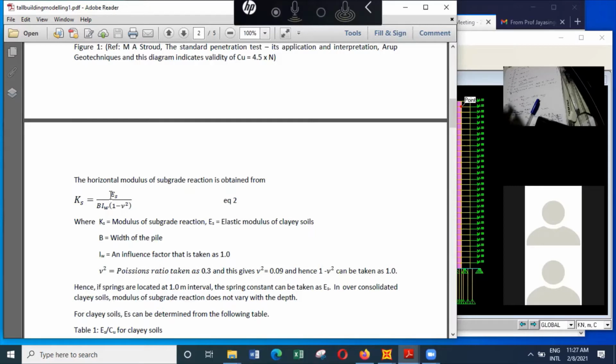And then the spring constant is given in kilonewtons per meter. So that means, you have to multiply whatever the Ks value by the area represented by each spring. So the area represented by the spring will be the height between two springs multiplied by the width of the member.